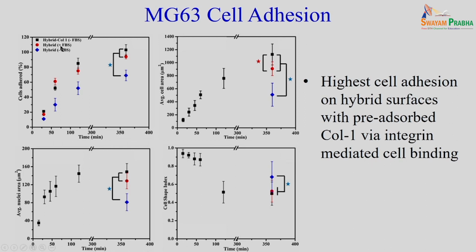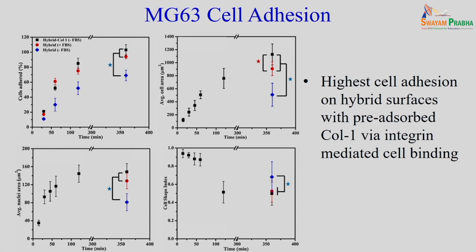Second, the hybrid surface where the media contained FBS, fetal bovine serum, a protein supplemented in the media during the cell culture experiment. And the blue diamond indicates the hybrid surface where the media did not have FBS.